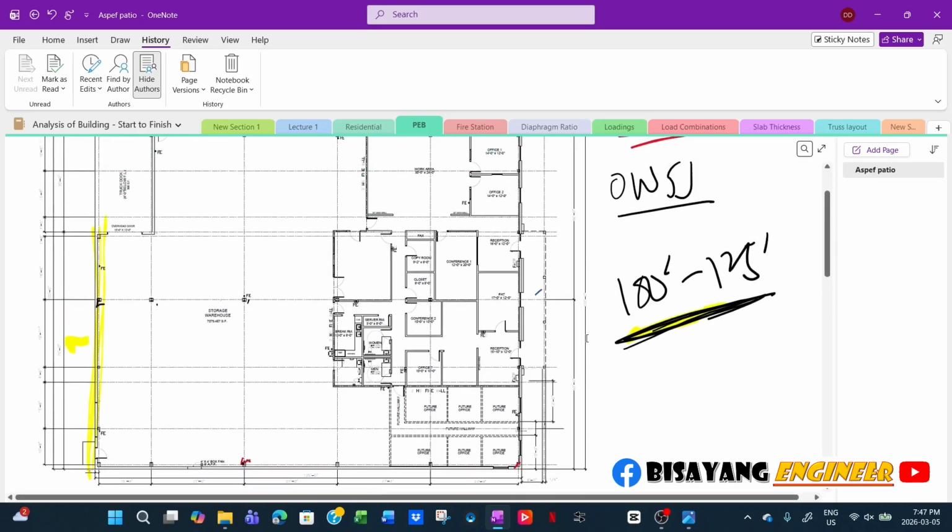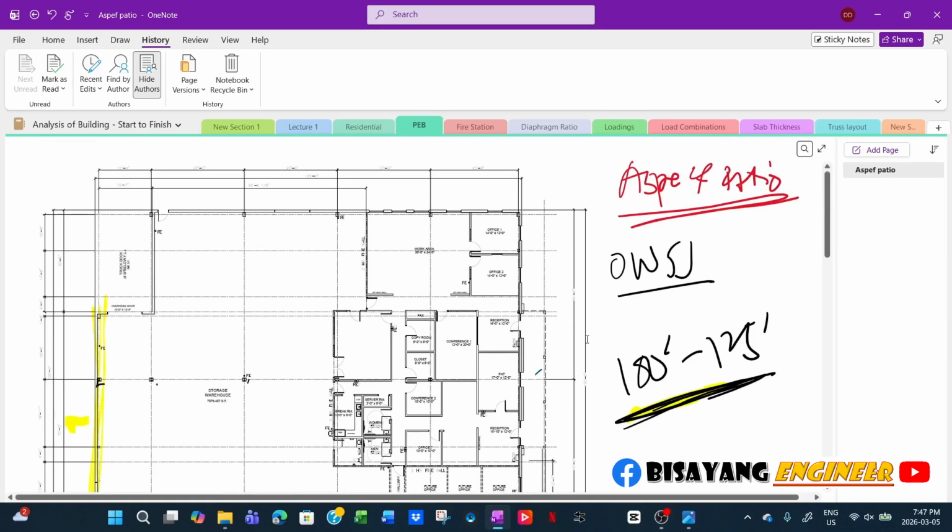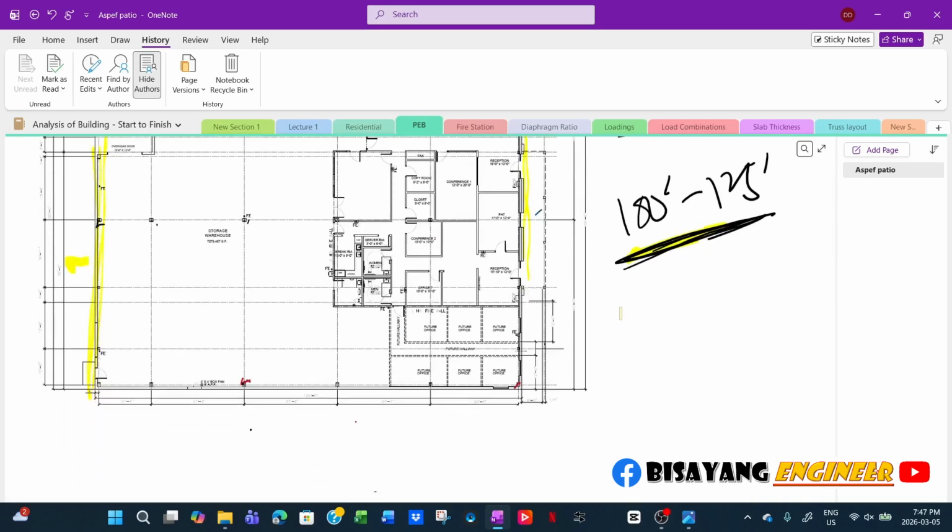Sometimes, for the meantime, this is the in-wall, but the client will plan about expanding the building in the future. So this can be designed as an expandable frame.